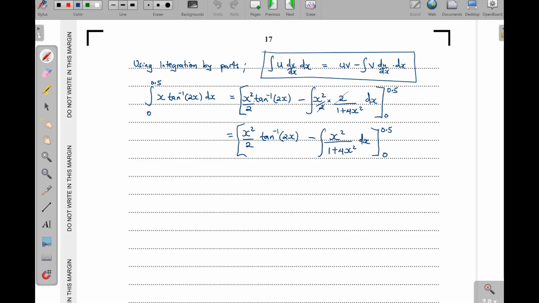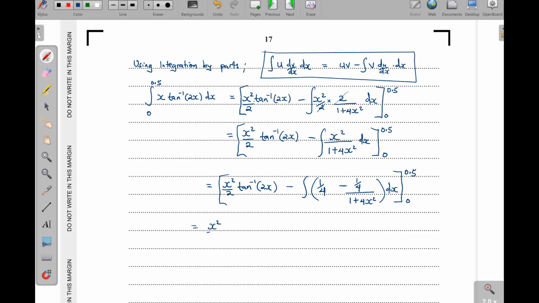So I'll come to this one, and then I write x squared over 2, then the arctan of 2x minus, now we are integrating, I'll put a quarter, the quotient, then the remainder is negative a quarter, so I'll put minus, then a quarter out of this 1 plus 4x squared, like that. 0.5, then 0, then like that.